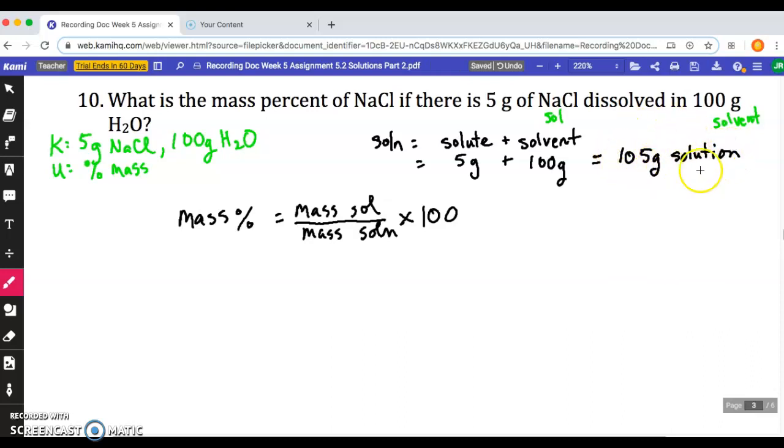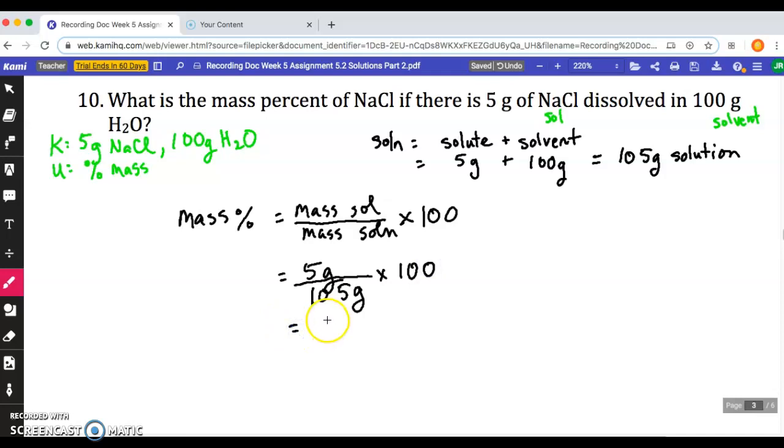We've got 105 grams of the solution, and you're going to plug that in down there. Okay, so go ahead, plug and chug. Mass of the solute is 5 grams of the solute divided by the mass of the solution, 105 grams, total solution and solvent, times 100.